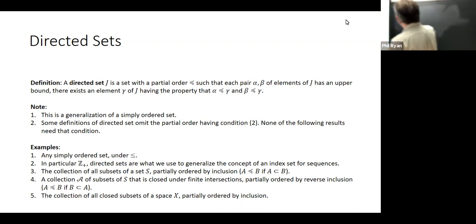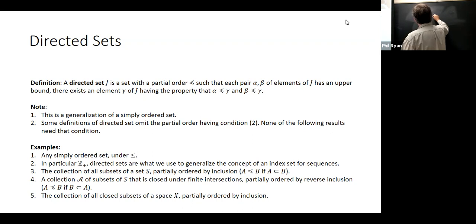Okay, and so now if I have alpha and beta elements of our collection, what is an upper bound for that? The intersection, yeah, exactly. Alpha intersection beta. It's included in both of these.